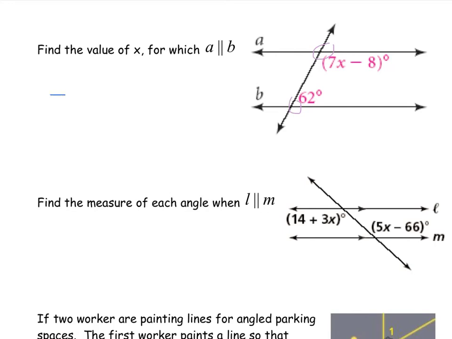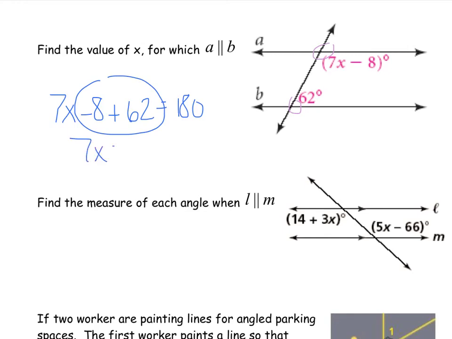So 7x minus 8 plus 62 equals 180. Combine like terms here, so that will give us 7x. And I'm going to go ahead and subtract it from 180. So 7x would end up equaling 126. Divide by 7, and you get 18.